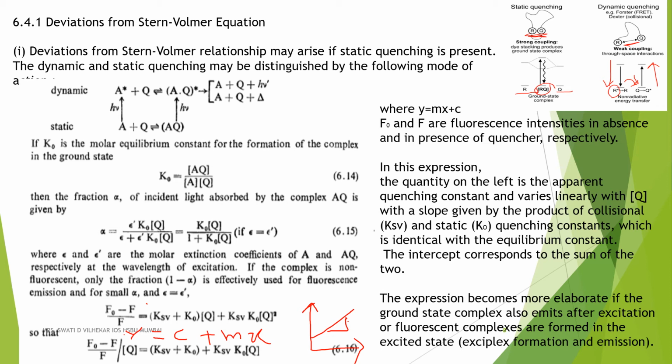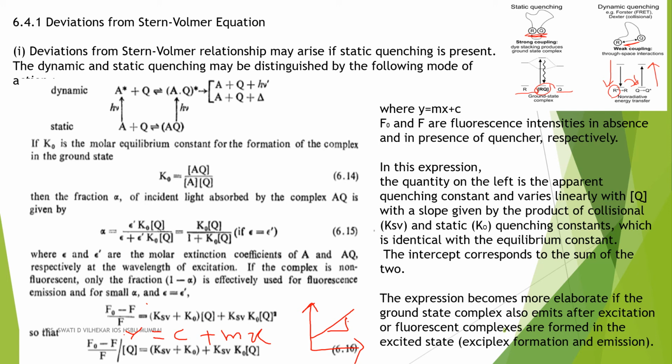From that we first have to determine the equilibrium constant, and the equilibrium constant will be this value. If alpha is the amount of radiation absorbed by the complex, then it will be related to the molar extinction coefficient, and from that you get this equation, that is K naught Q divided by 1 plus K naught Q. Here alpha equals epsilon dash, where epsilon is the molar extinction coefficient for A and AQ respectively.